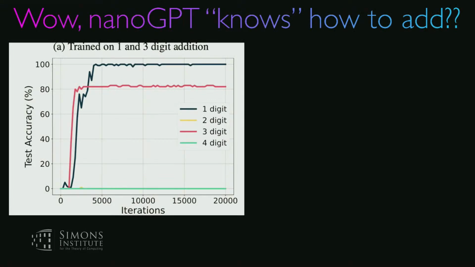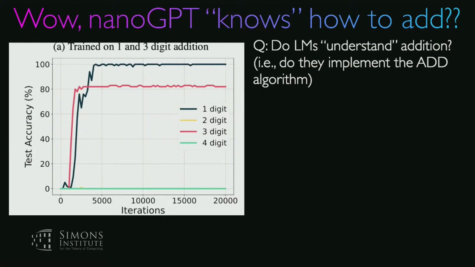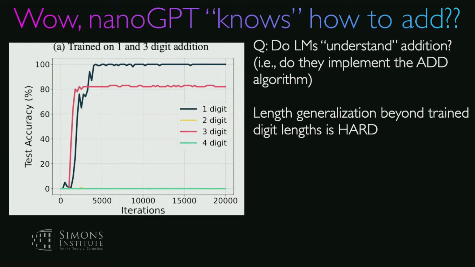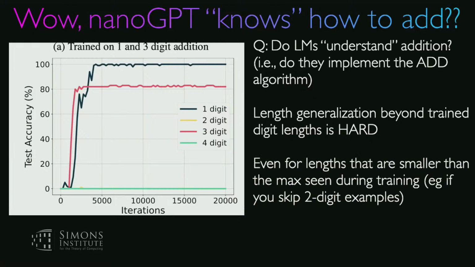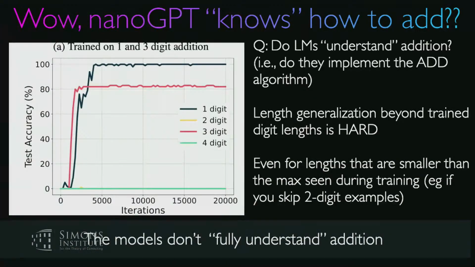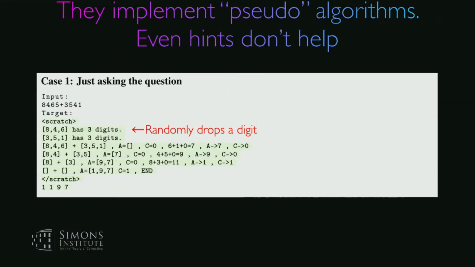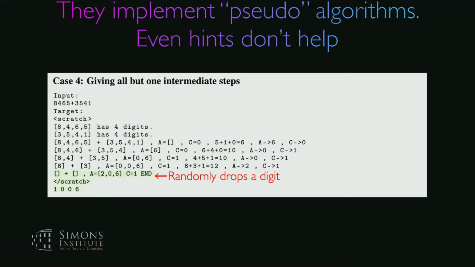And I'd also want to emphasize the question of whether the model is truly understanding addition. So unfortunately, our answer is that when we train the model on just 1 and 3 digits, but it doesn't have 2 or 4 digits, it's unable to perform 2-digit or 4-digit additions. And even if we train it on this detailed scratchpad data, it randomly starts dropping off a random digit and gets it wrong.